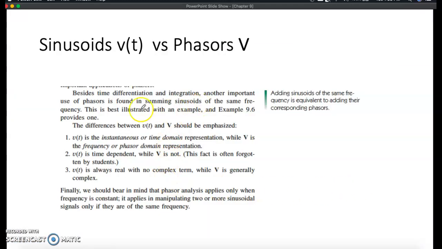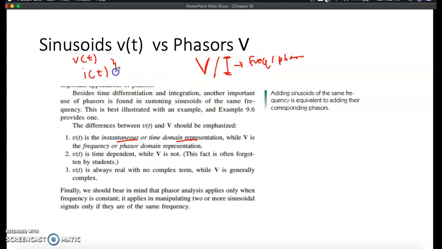Okay, so let's recall. What is the difference between sinusoid and phasors? Phasors are bold V or bold I, current and voltage. Sinusoid depends on time, right? V(t) and I(t). V(t) is the instantaneous or time domain representation, while bold V here is the frequency domain or phasor domain.